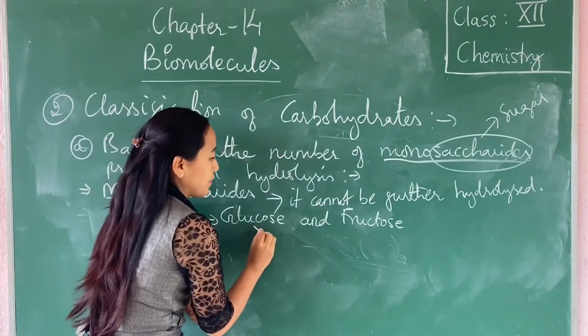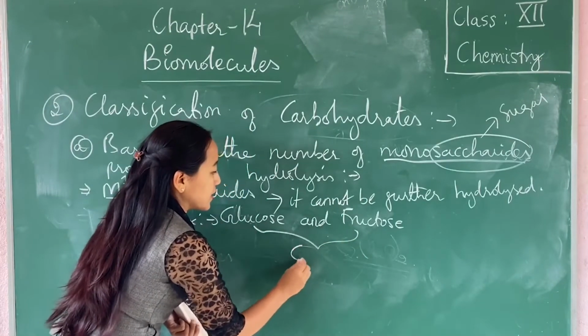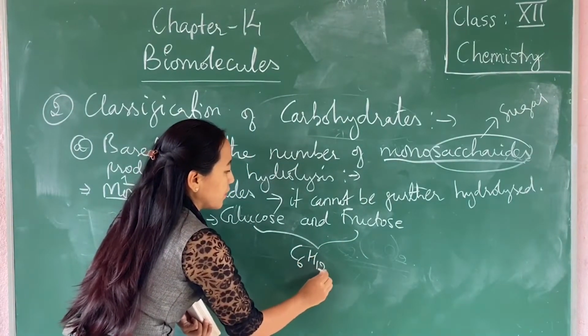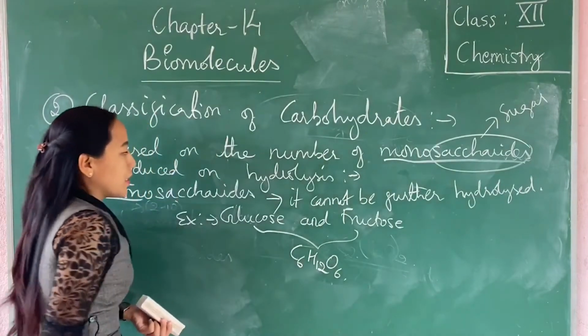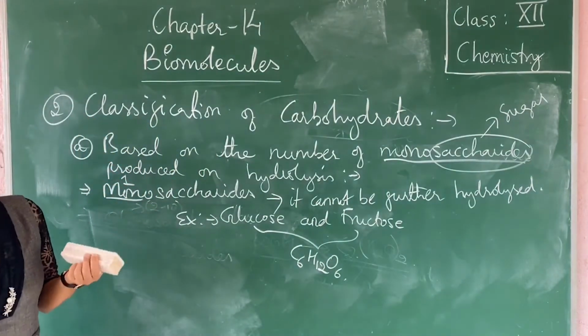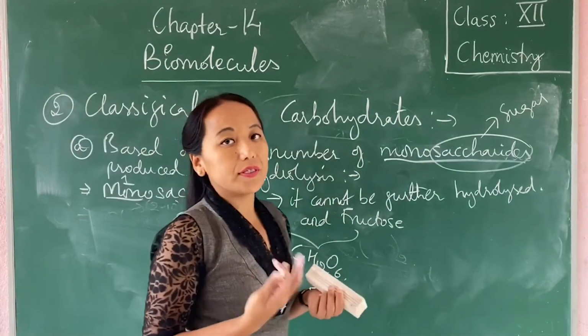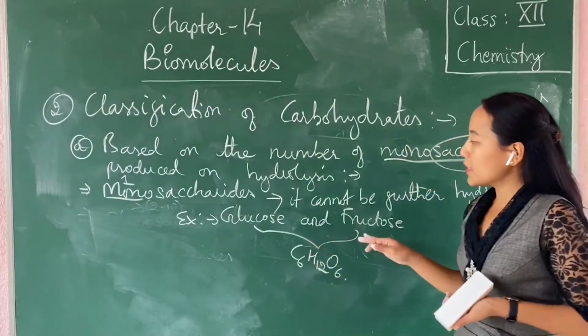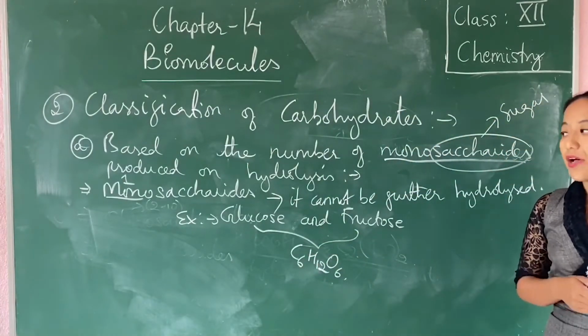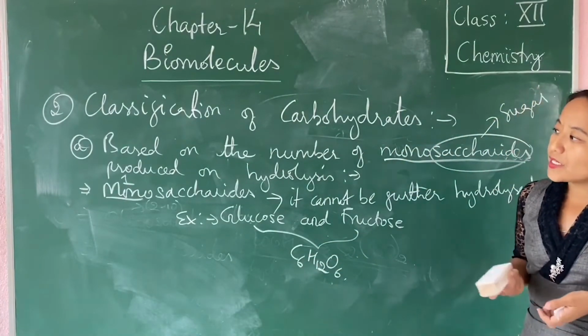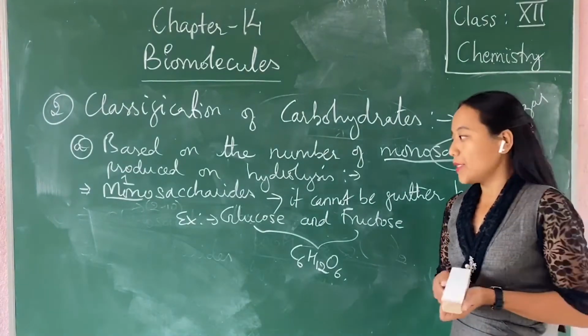Both of these have the same molecular formula, that is C6H12O6. So monosaccharides are the carbohydrates which cannot be further hydrolyzed. Examples are glucose and fructose. You also have ribose. Now the next one is oligosaccharides.